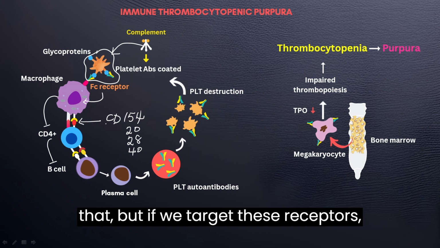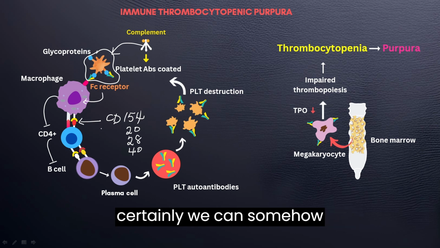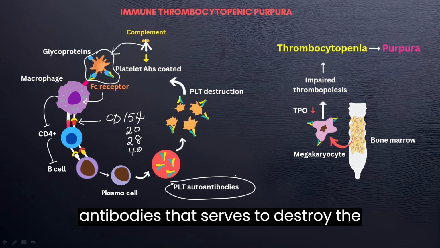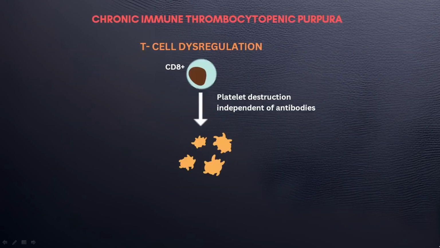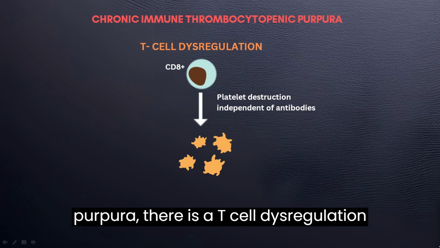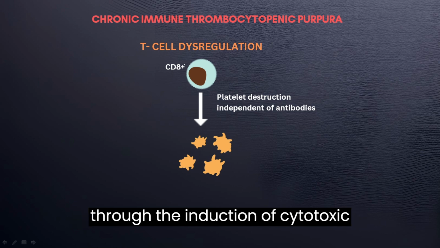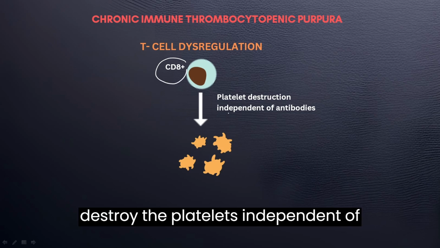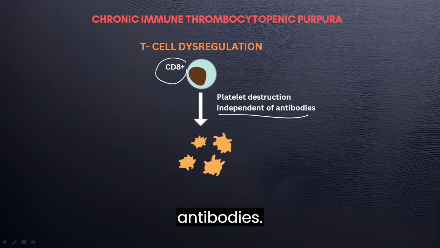But if we target these receptors, certainly we can somehow decrease the production of these platelet antibodies that serve to destroy the platelets. In chronic immune thrombocytopenic purpura, there is a T cell dysregulation through the induction of cytotoxic CD8 cells that serve to destroy the platelets independent of antibodies.